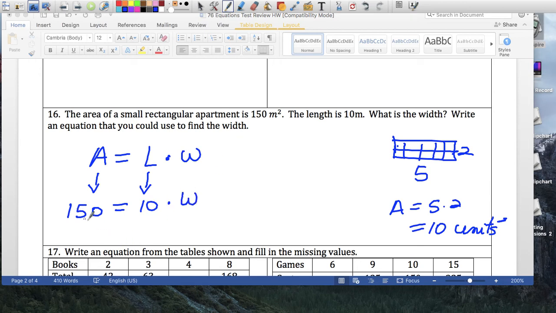So here's your equation: 150 equals 10 times W. So you had a rectangle here where the length was 10 and we're missing the width. 10 times what number gave you the 150 area? In this case, it's not that difficult to find out, W has to be 15, right?